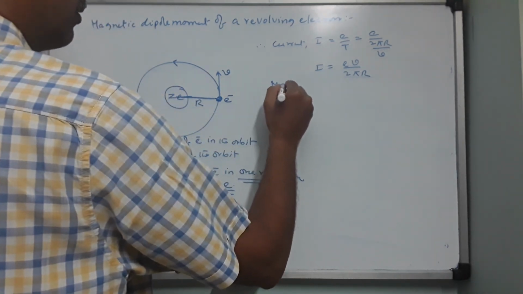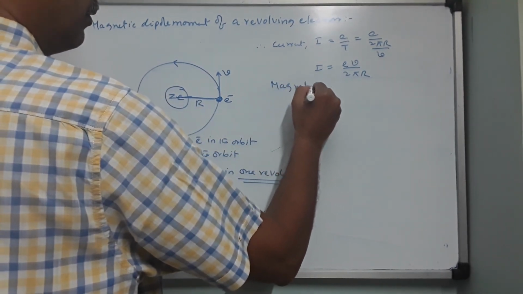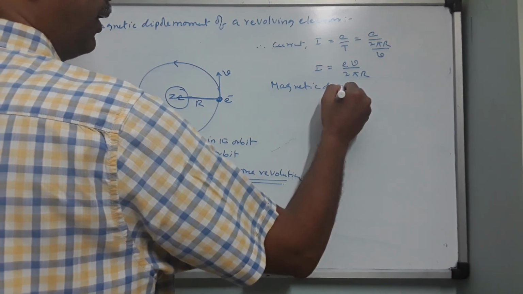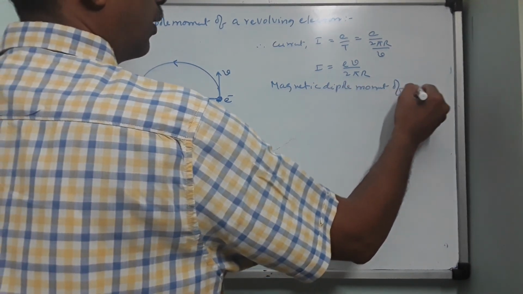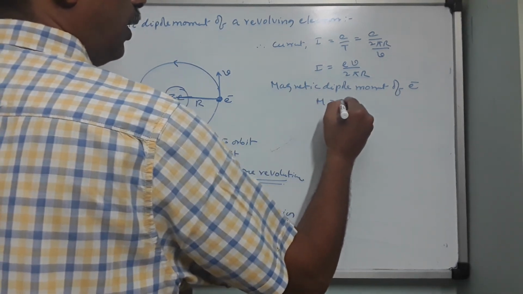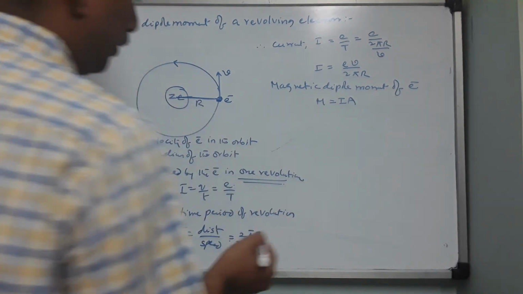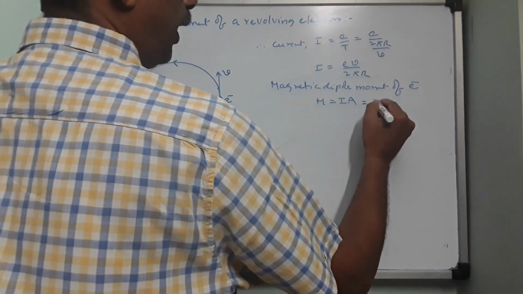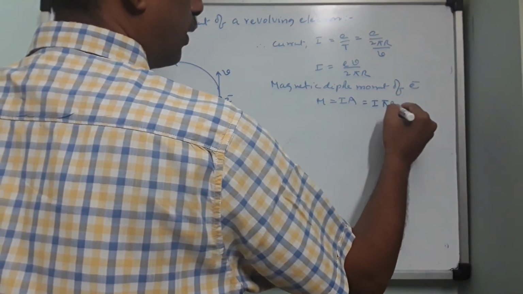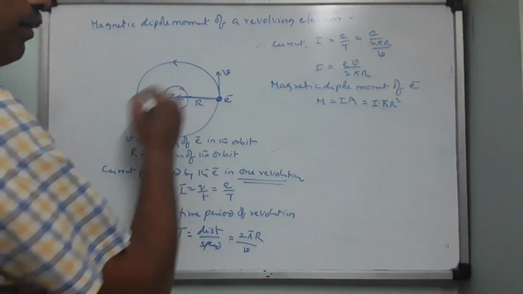Then next is the magnetic dipole moment of the electron, m equals I A, as we have just defined. A is pi r square, the area of the orbit.